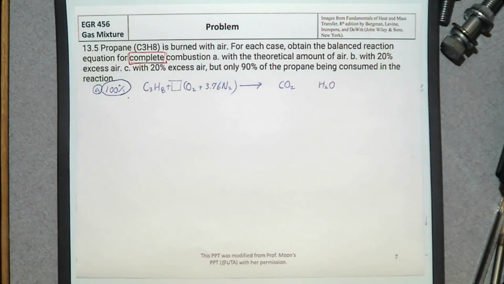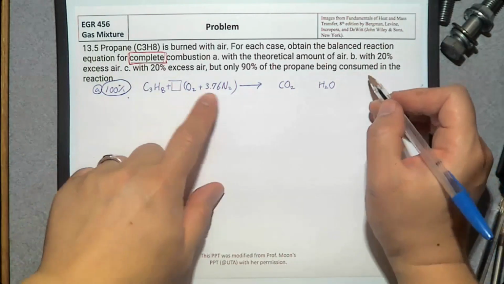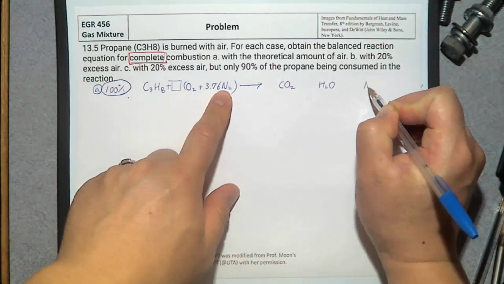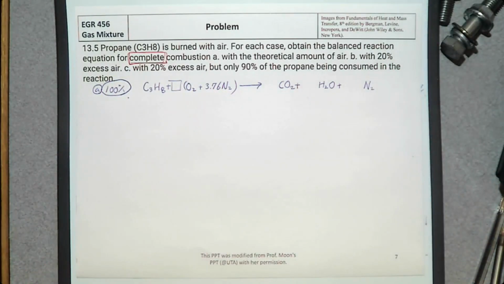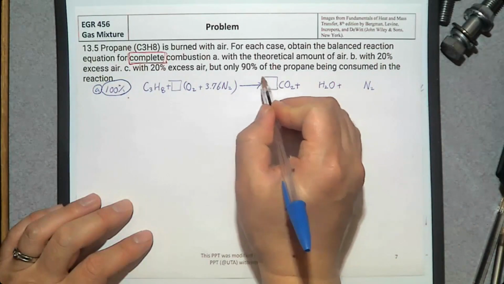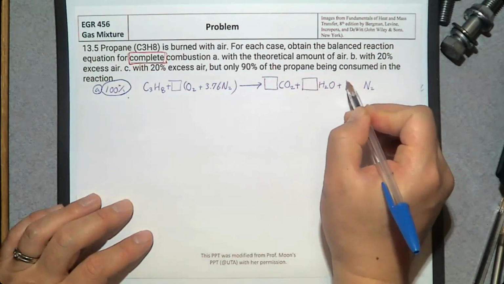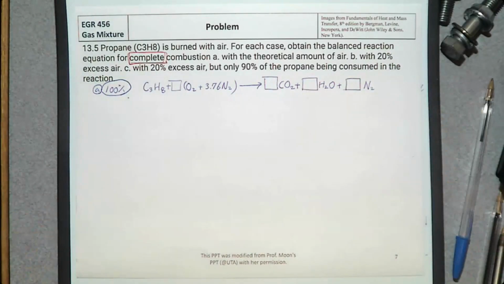All the oxygen is going to be consumed because it's 100% theoretical air. So we only have nitrogen left over. Looks like the simplest case, the simplest balanced reaction equation. So let's complete this balanced reaction equation.